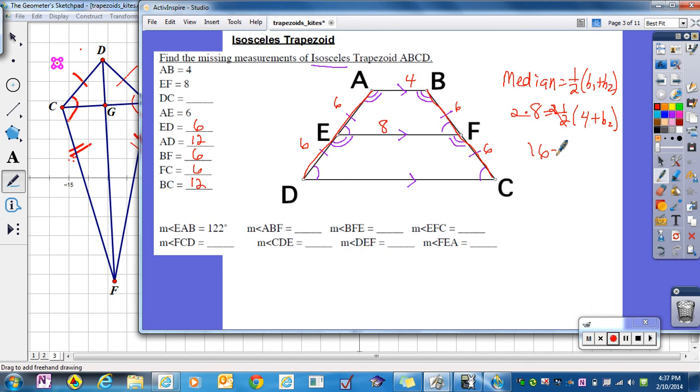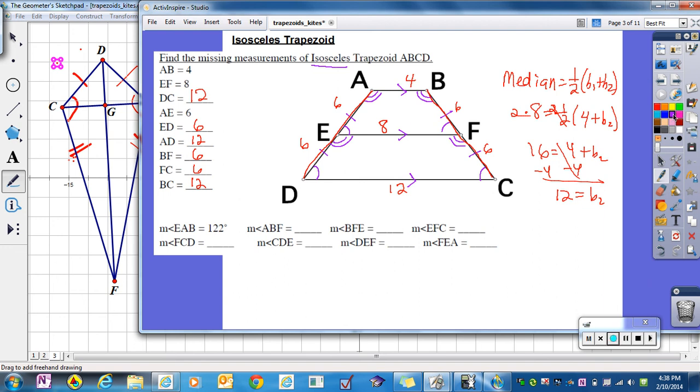So I get 16 equals 4 plus base 2, subtract 4, so I get that my second base is going to be equal to 12. Again, because 8 is in between 4 and 12, 4 plus 4 is 8, 8 plus 4 is 12, so I know I did this correct, so DC is going to be 12.